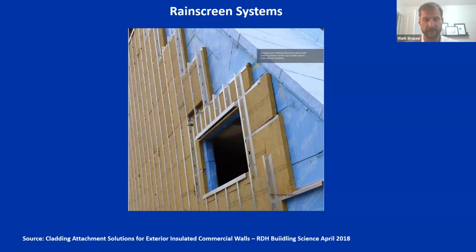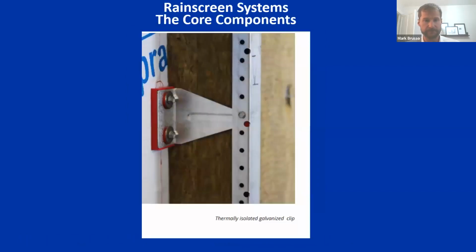This was taken from RDH Building Science's report on cladding attachment solutions for exterior insulated commercial walls. And the core components, in a nutshell, of a well-designed rain screen, there's really not too many things involved with them. It's a very simple thing. First of all, we're discussing some sort of an air vapor barrier, as you can see on the far left of this image.